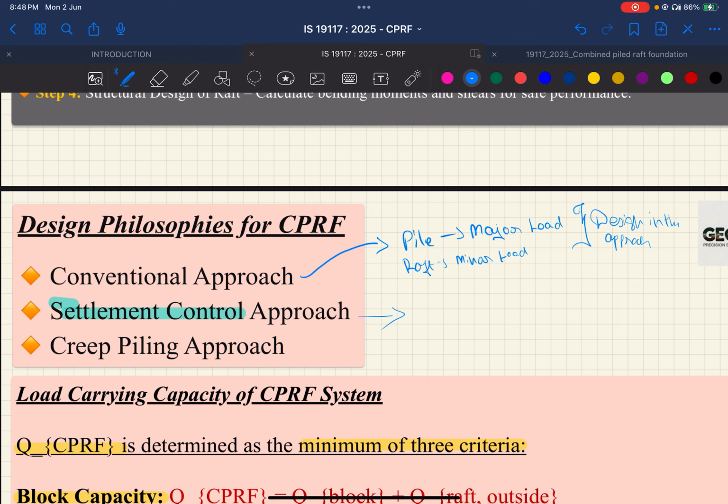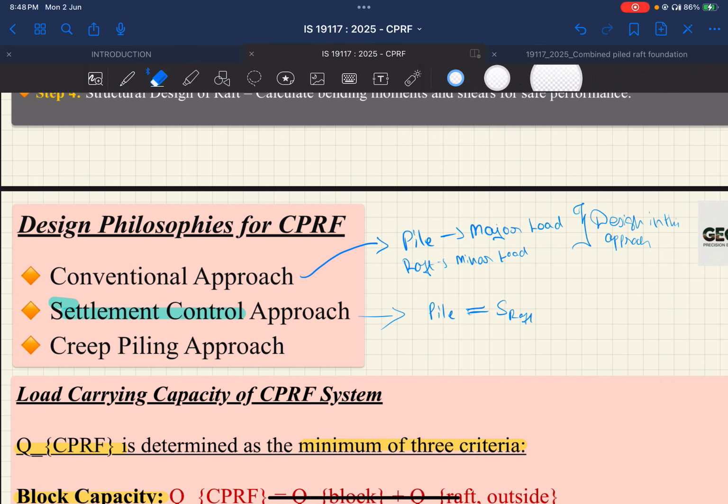In settlement control approach, the design is governed by limiting the settlement within the acceptable limits in line with serviceability requirements, which means the settlement of the pile is approximately equal to the settlement of the raft.